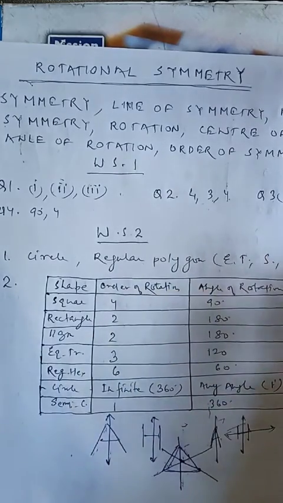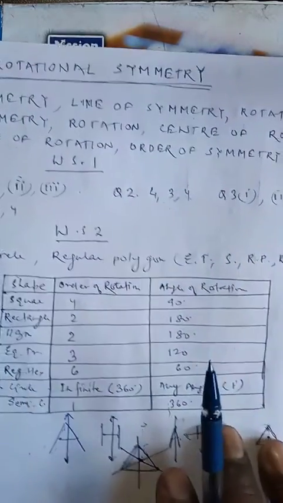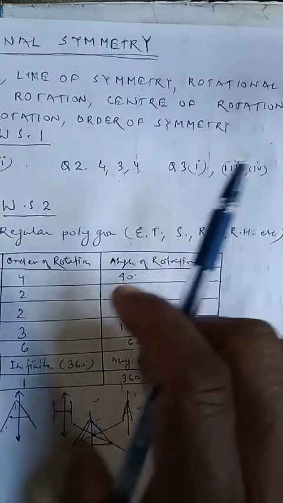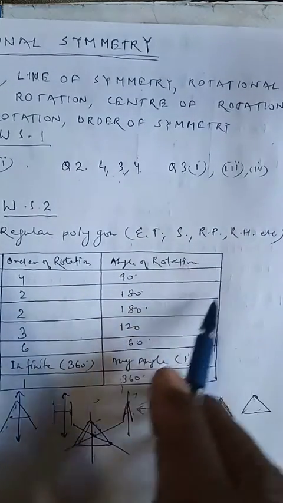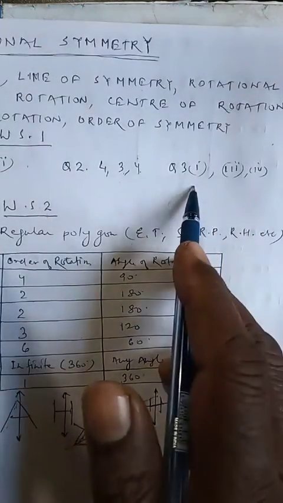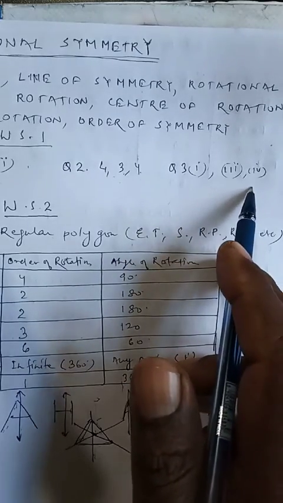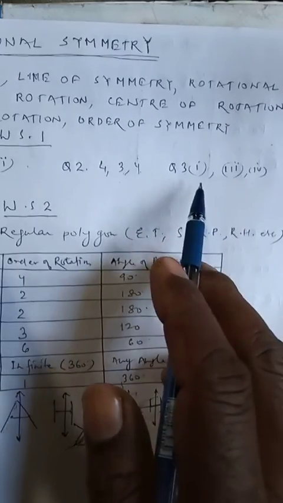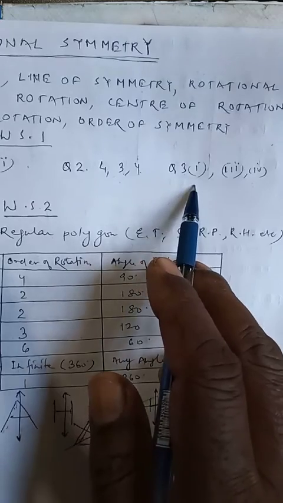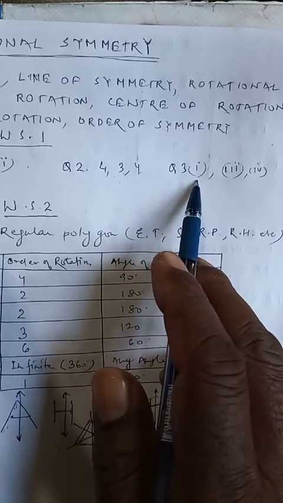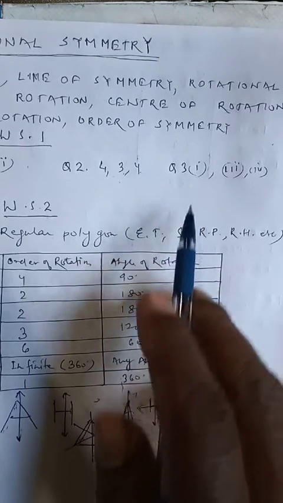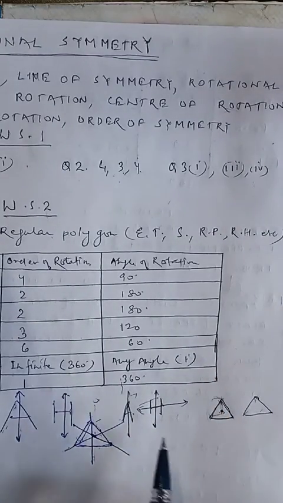For question number 3, again we have to consider the order of symmetry and find the figures which have order more than 1. The first one is a circle, so it has infinite order.